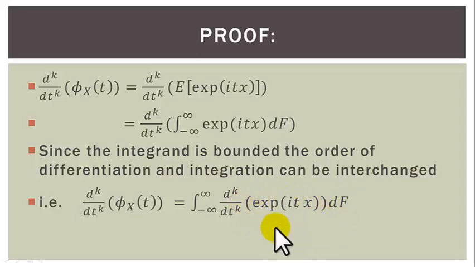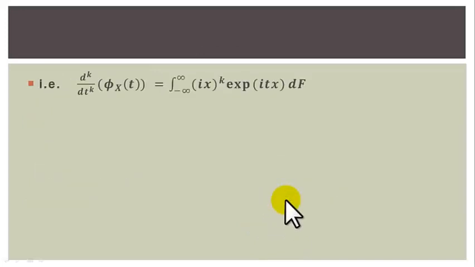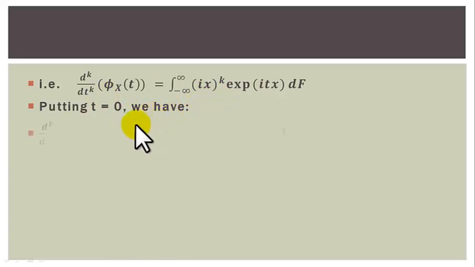Now, differentiating this function k times, we obtain the kth derivative of φ_X(t) with respect to t to be equal to the integral from minus infinity to infinity of (ix)^k e^{itx} dF. Putting t equals to 0, here we have the following.